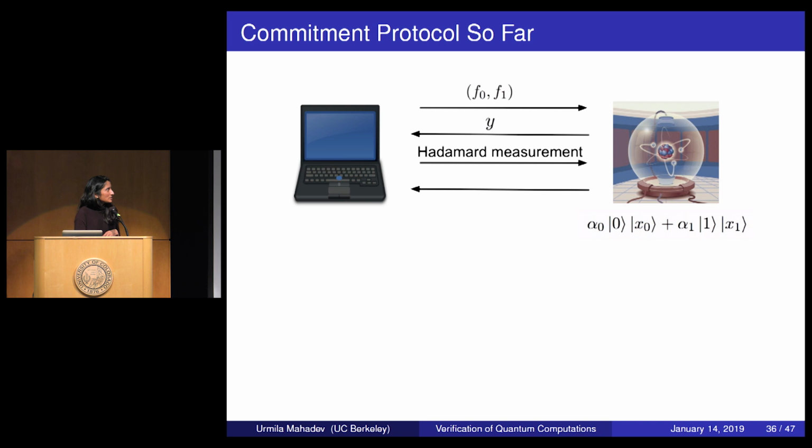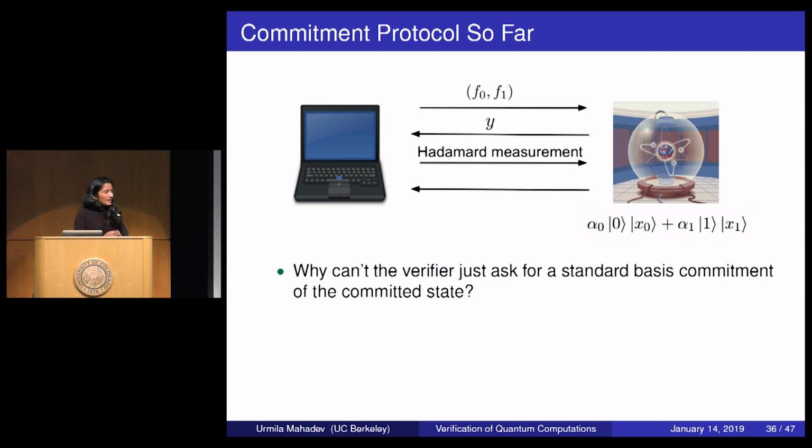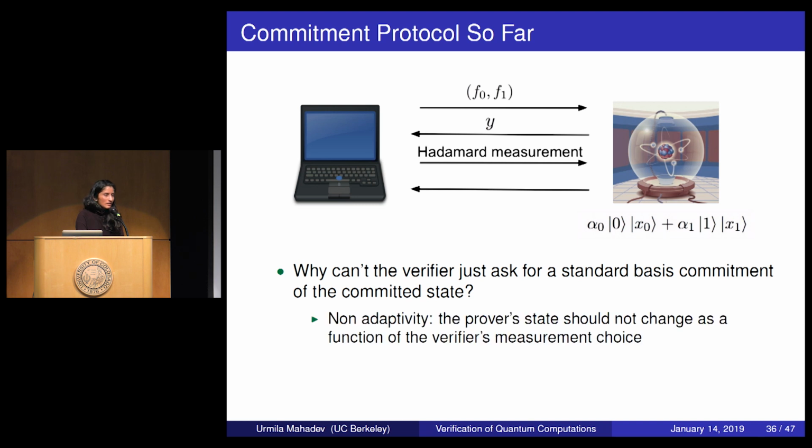Now, this is actually a pretty subtle issue. Remember the goal of this commitment protocol is to enforce non-adaptivity on the part of the prover. I do not want the prover to be able to change his quantum state based on the measurement choice of the verifier. So for this protocol, what I require to satisfy this non-adaptivity guarantee is that the prover doesn't learn the basis choice of the verifier.